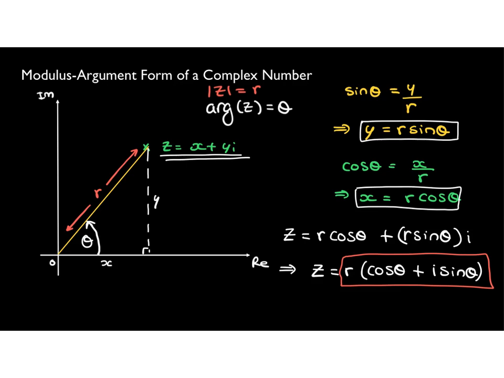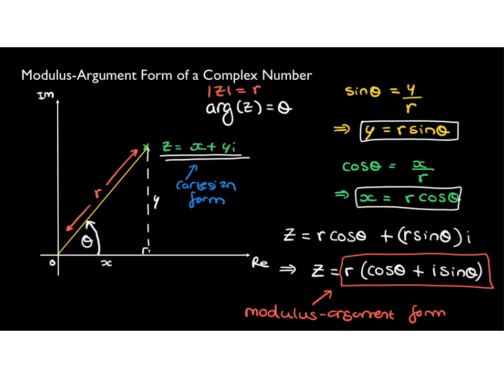So we now have two ways of expressing a complex number. We have the Cartesian form of a complex number, where it's written in almost the format of coordinates, or like a vector, z equals x plus yi, and then here we have the mod arg, or modulus argument form of a complex number.